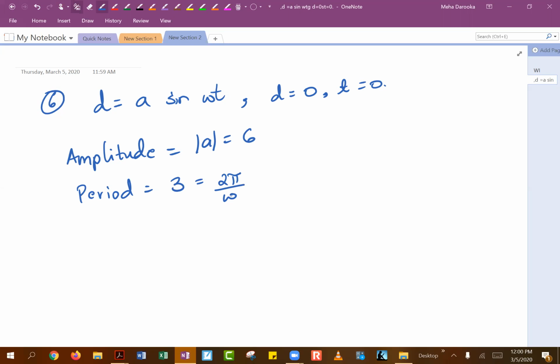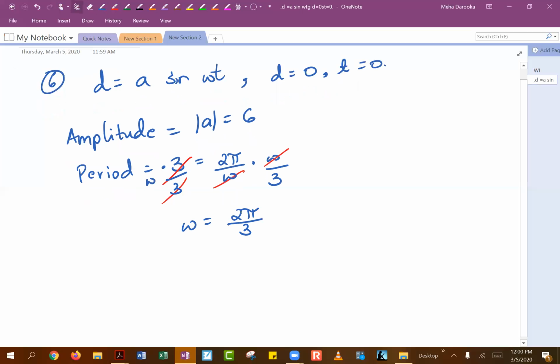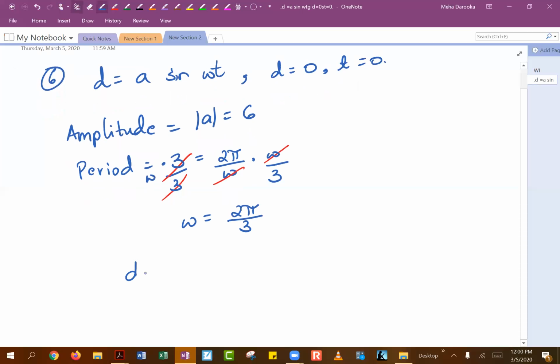Yeah. So basically you're multiplying both sides by omega, dividing both sides by 3. Okay, so what's your equation going to look like? Very nice.